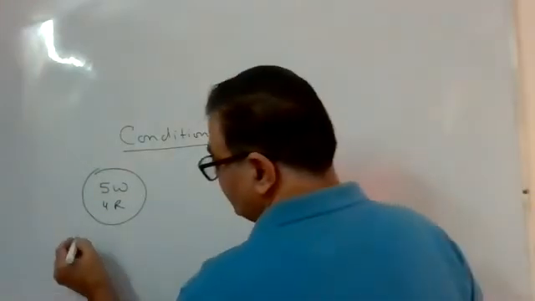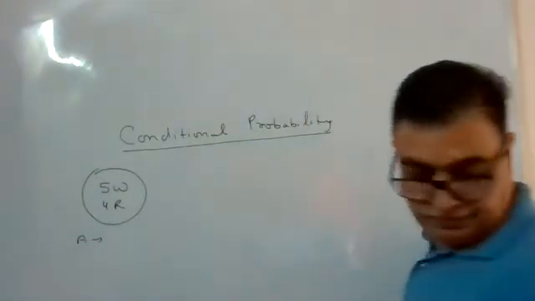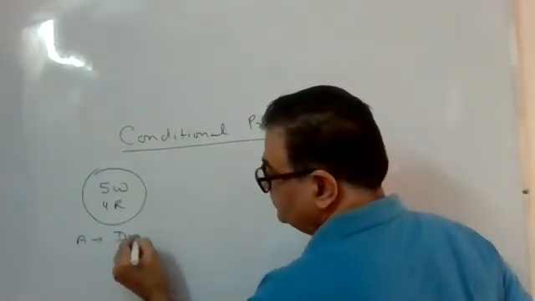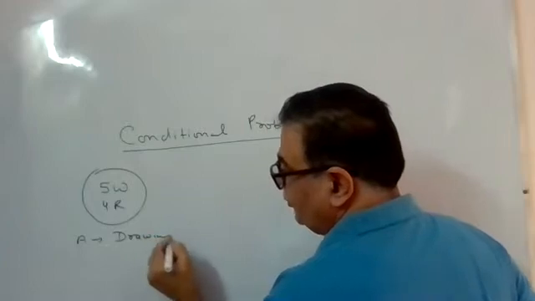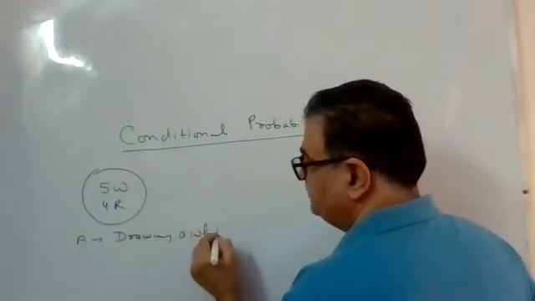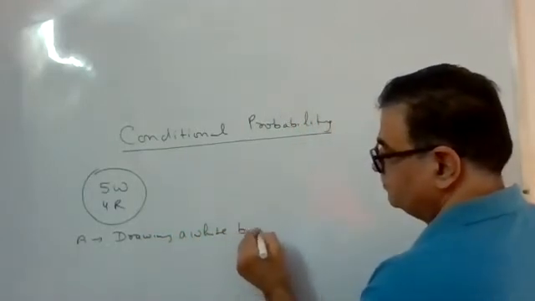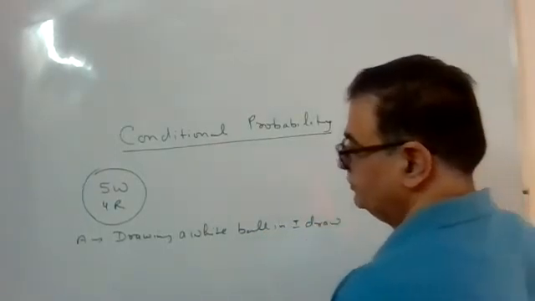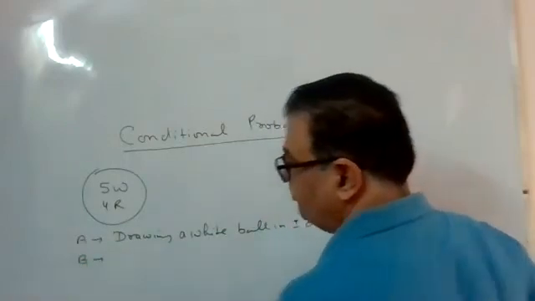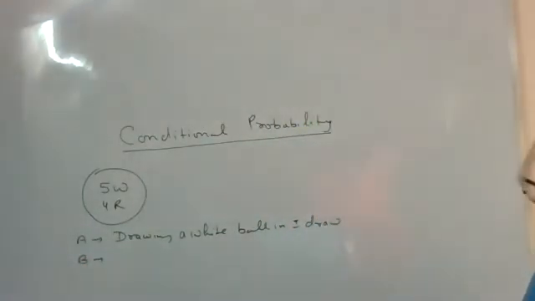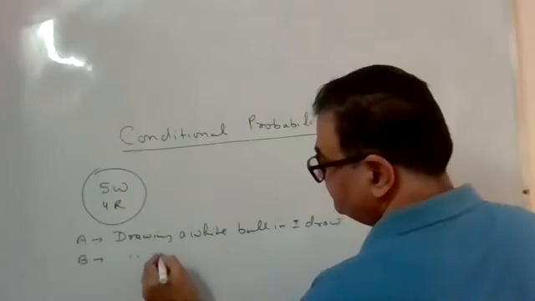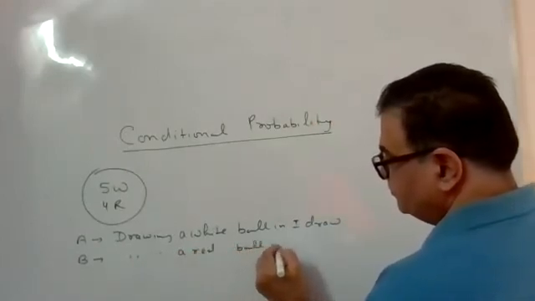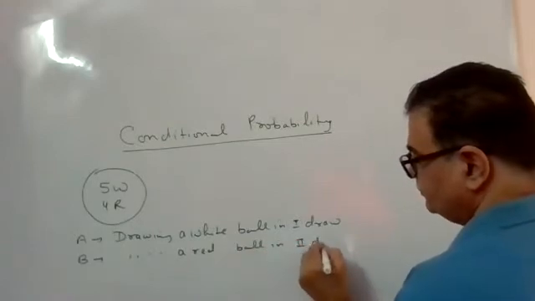Where A is the event drawing a white ball in first draw, and B is drawing a red ball in second draw.